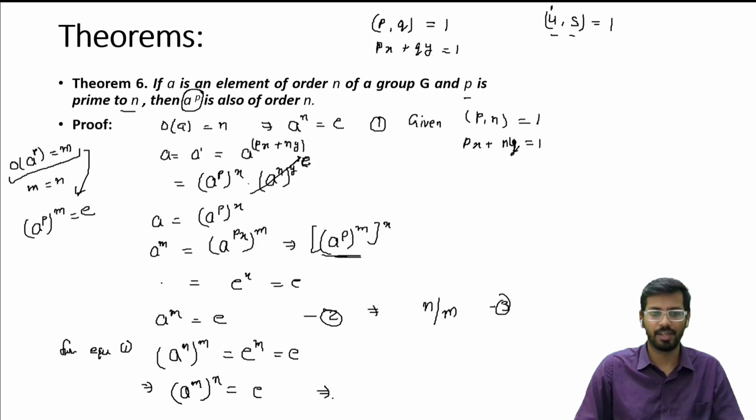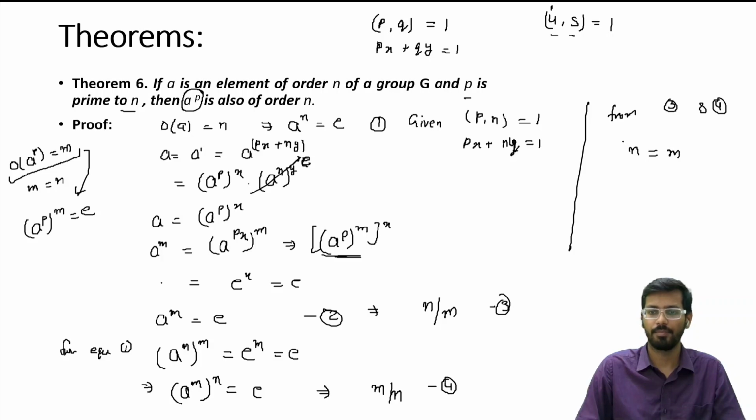So from this we can say this m divides n. Take it as equation 4. Now from equations 3 and 4 we can say n is equal to m.